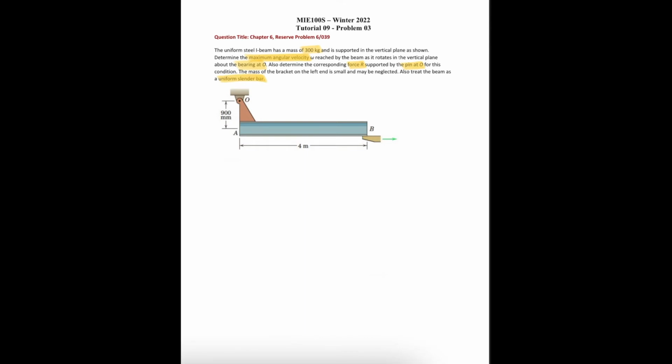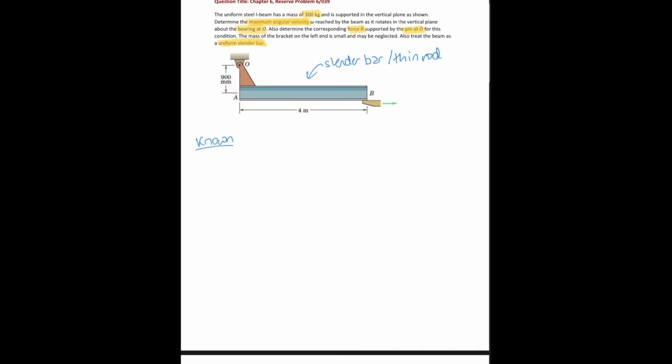Okay, so again, let's start with what we know. We know that this is just a slender bar or something like a thin rod for our rotational inertia. And what else do we know? We know that the mass of this bar is 300 kilograms.